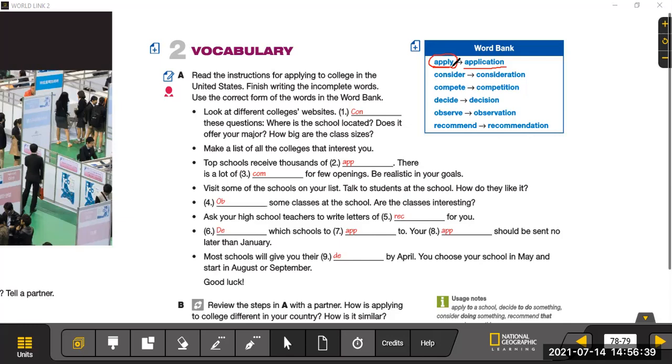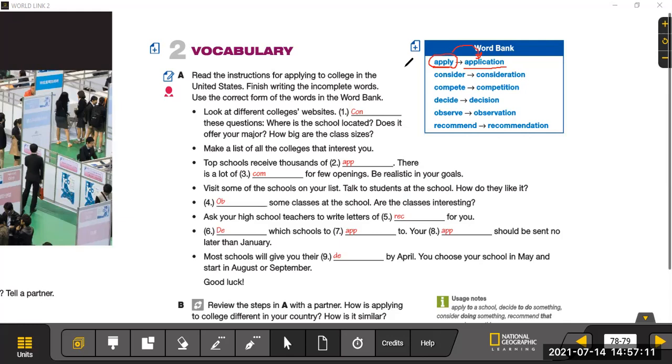If you apply for a job, it's because you want to work in a place. If you apply to work at the Dominico Americano, it's because you want to be part of the Dominico Americano. Right. So when you apply, you complete an application. The application in that case is the paper that you complete. Okay, application, right?